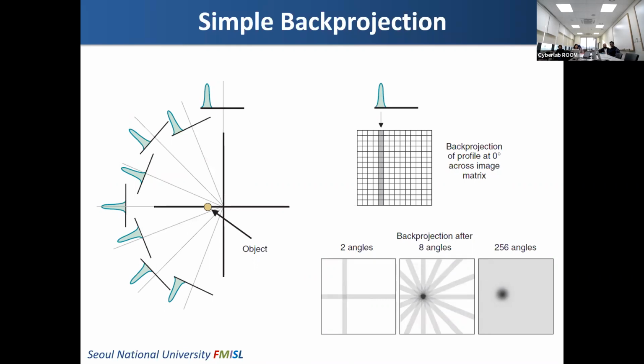If we have an object here, like this point source, the projection profile in different angular directions will look like this.